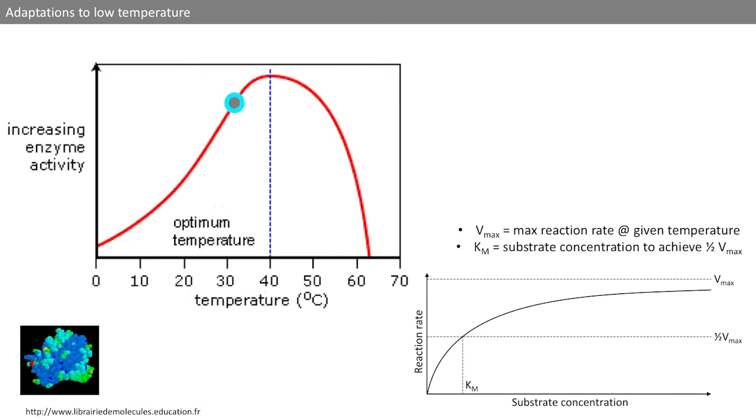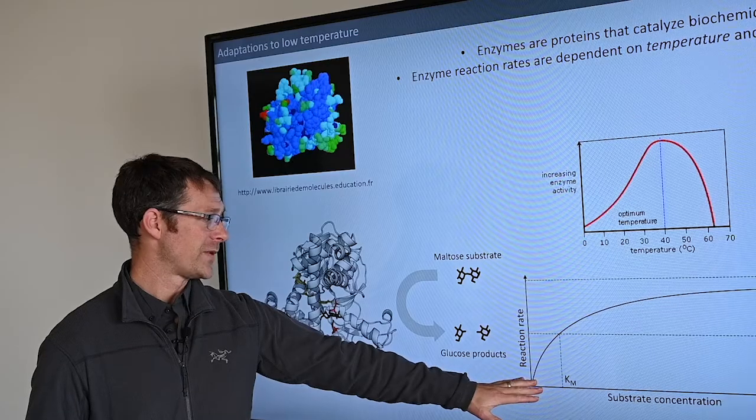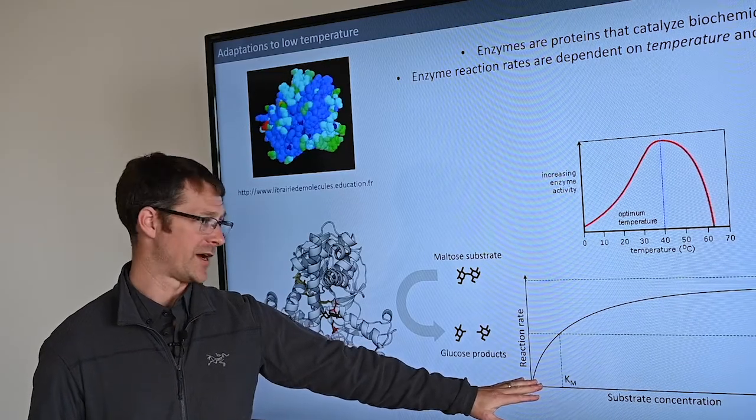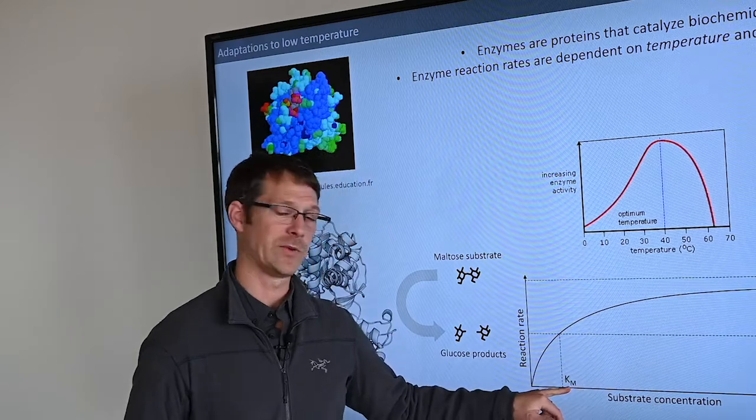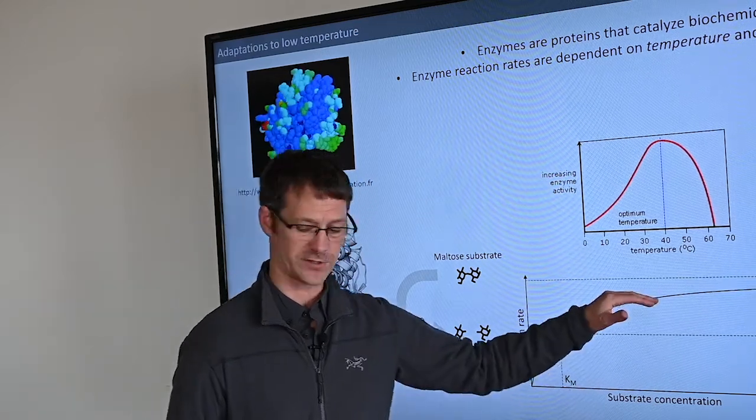As the temperature decreases, the activity of that enzyme decreases because that enzyme is becoming less flexible and less able to go through that change in conformation so that it can interact with the substrate. Reaction rate is also controlled by substrate concentration. The more substrate you give to an enzyme, the faster that reaction rate will progress until such point as the enzyme becomes saturated. Now we have two different parameters that we can use to describe the shape of this curve.